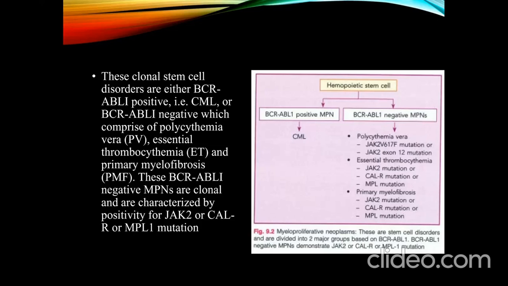The mutations that cause these have been listed here. As we can see, JAK2 exon 12 mutation causes polycythemia vera, and JAK2 mutation is actually causing essential thrombocythemia and primary myelofibrosis. Also, CALR mutation is causing essential thrombocythemia and primary myelofibrosis, along with MPL mutation also.